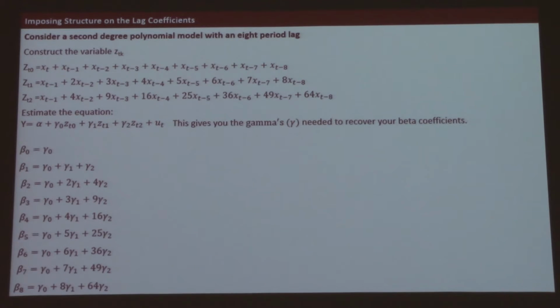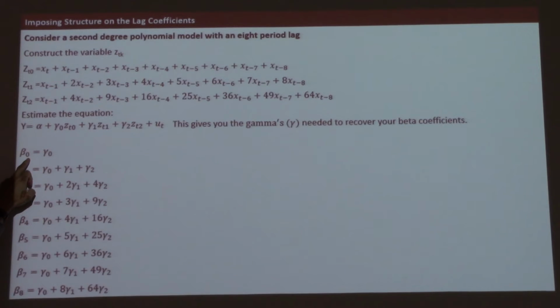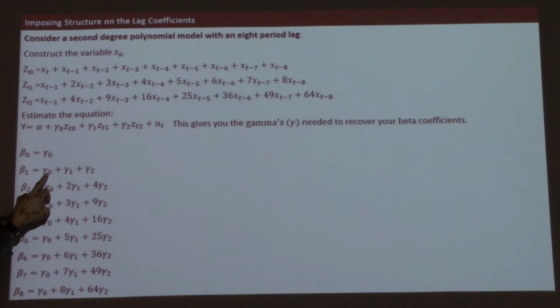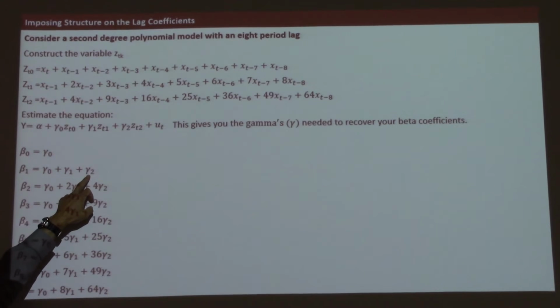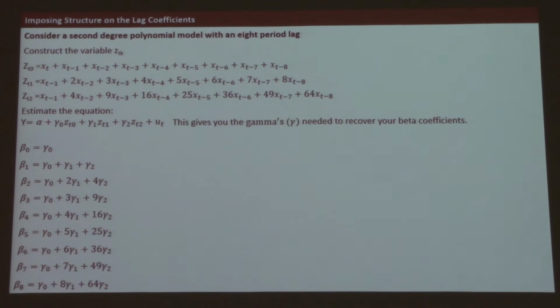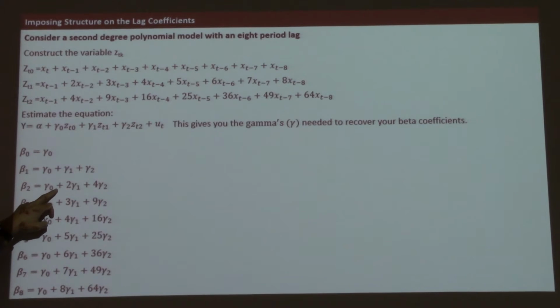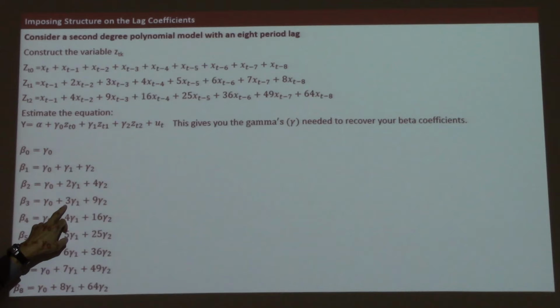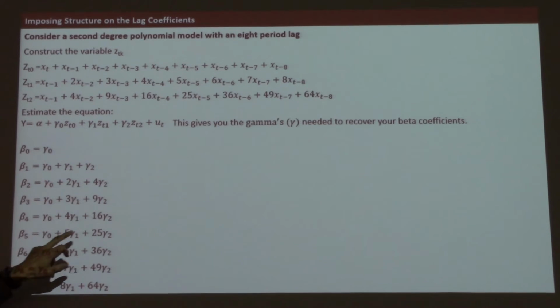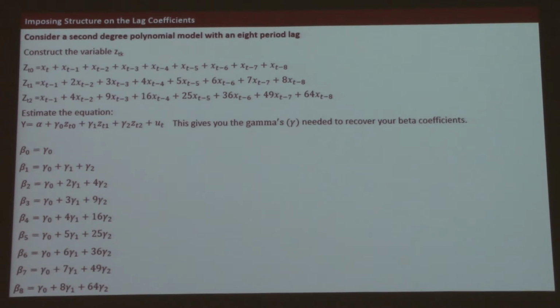Now we're going to pull that coefficient, that's going to be beta 0. We're going to pull that coefficient from zt0, add it to the coefficient from zt1, and add that to the coefficient of zt2. We're going to pull those coefficients, but now we're going to multiply them times 2 and 4, and then multiply them times 3 and 9, and then 4 and 16, 5 and 25, and so on.